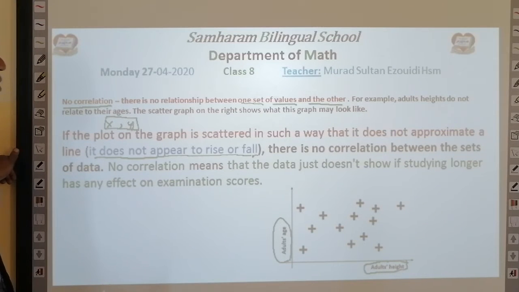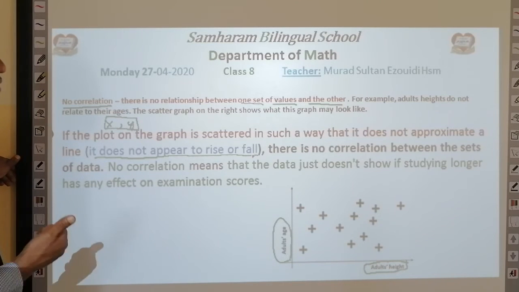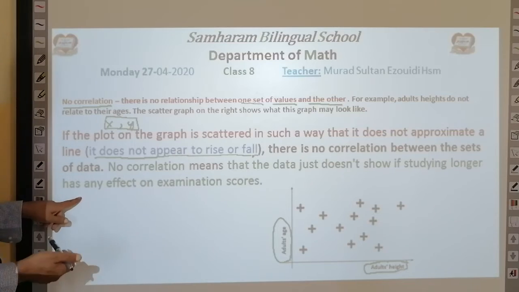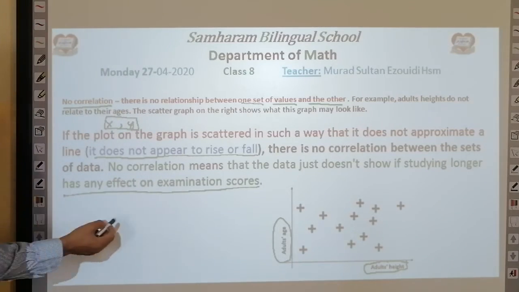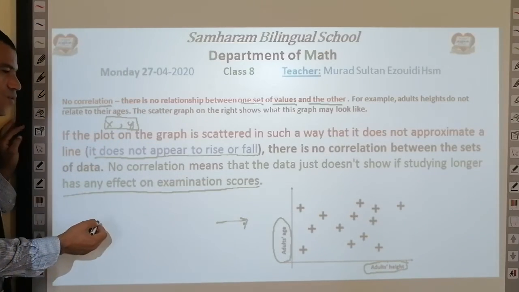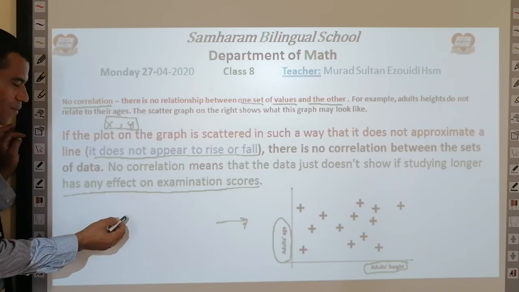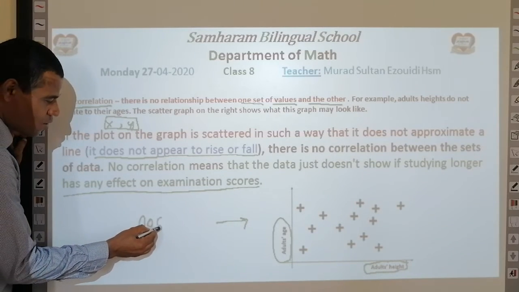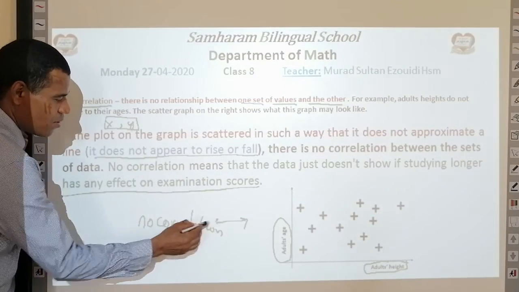No correlation means the data just does not show if studying longer has any effect on examination score. So this represents the relationship between two variables where there is no correlation. No correlation means there is no relationship between x and y.